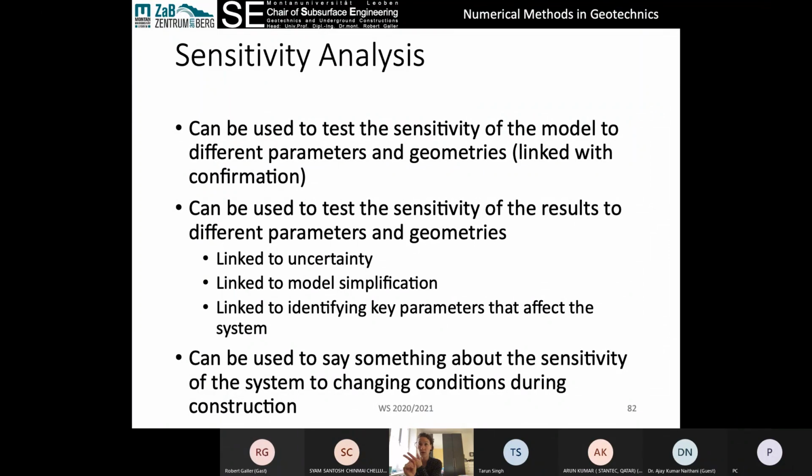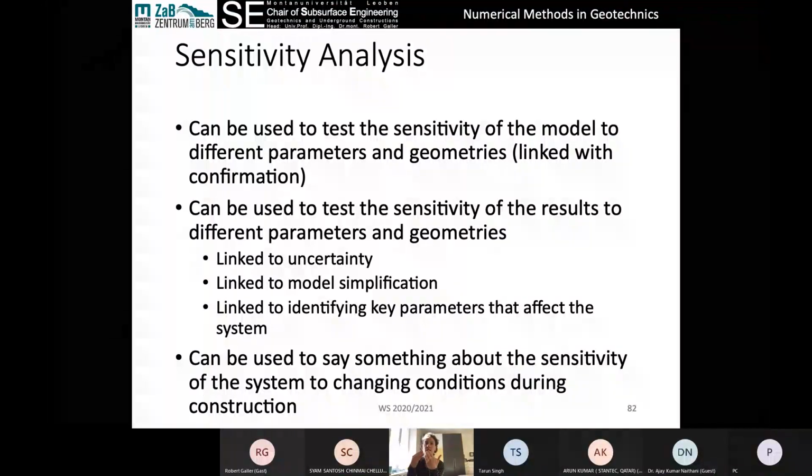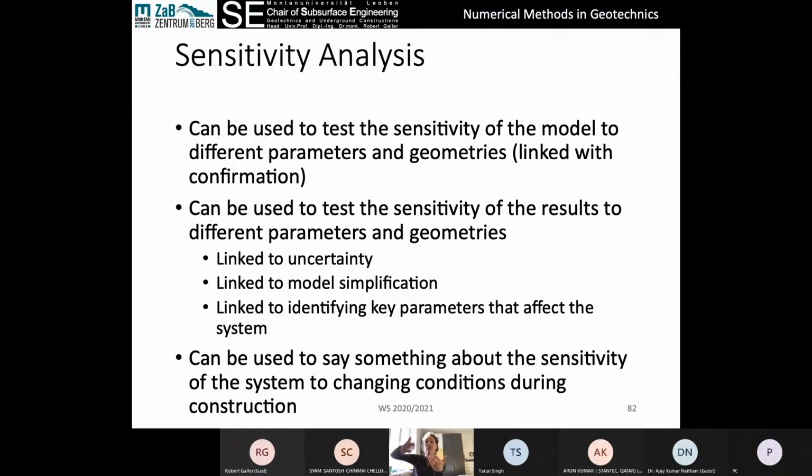We're simplifying the model, we're simplifying the geometry, we're simplifying where our material boundaries are. Usually we'll take one cross section that represents hundreds of meters worth of tunnel, but that one cross section will not always be a true representation of every single meter advance that we do along that 300 meters length, for example.